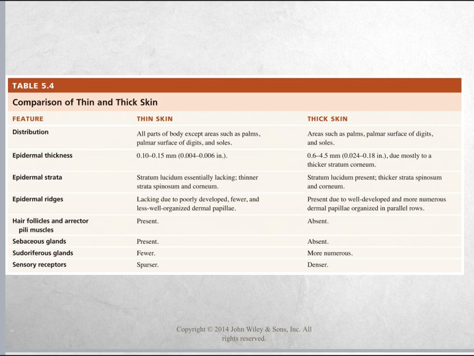Table 5.4 is a nice little table that shows the comparison of thin and thick skin. Its distribution, where we find it, the thickness, the strata, the ridges, follicles, and erector pili muscle if it's prevalent or lacking, the sebaceous glands, sudoriferous glands, and sensory receptors.